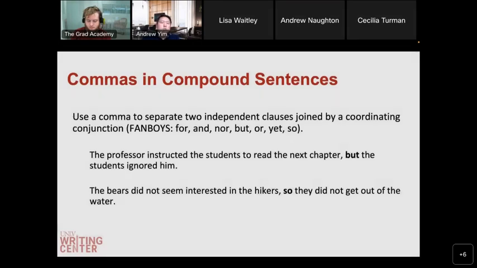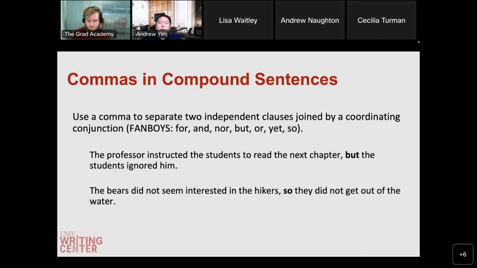Some other rules we want to keep in mind are about commas in compound sentences. I know a lot of people are familiar with the FANBOYS: for, and, nor, but, or, yet, or so.